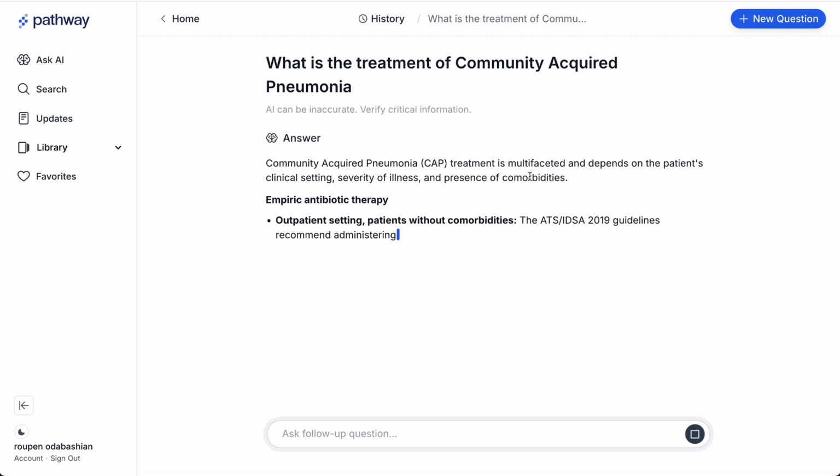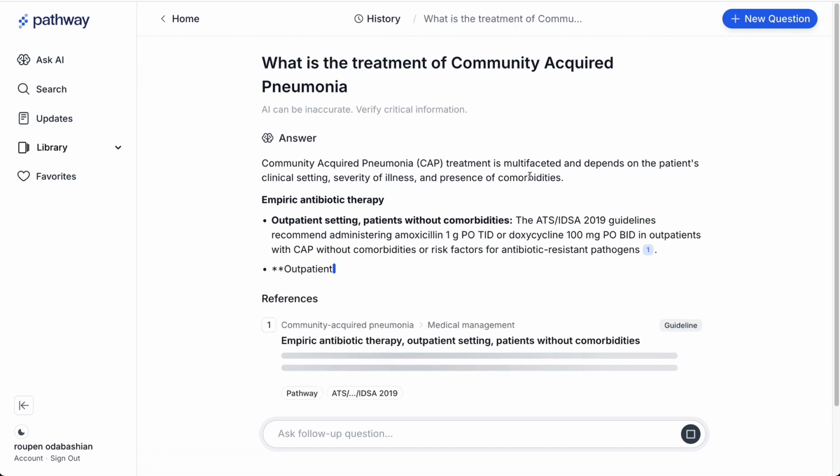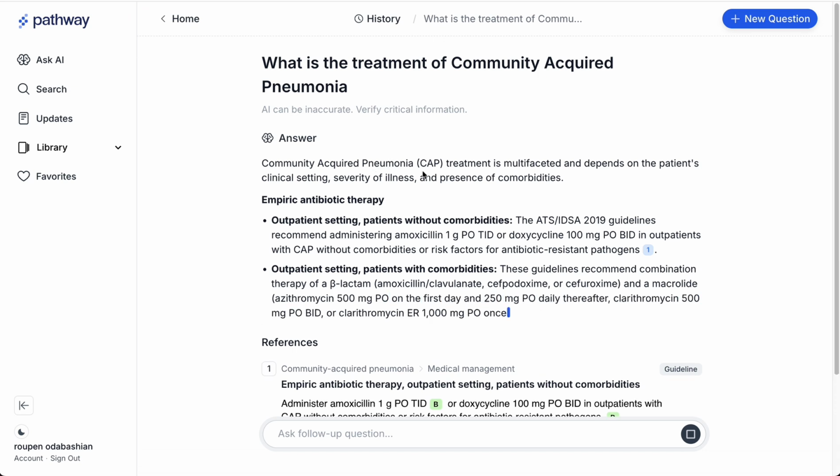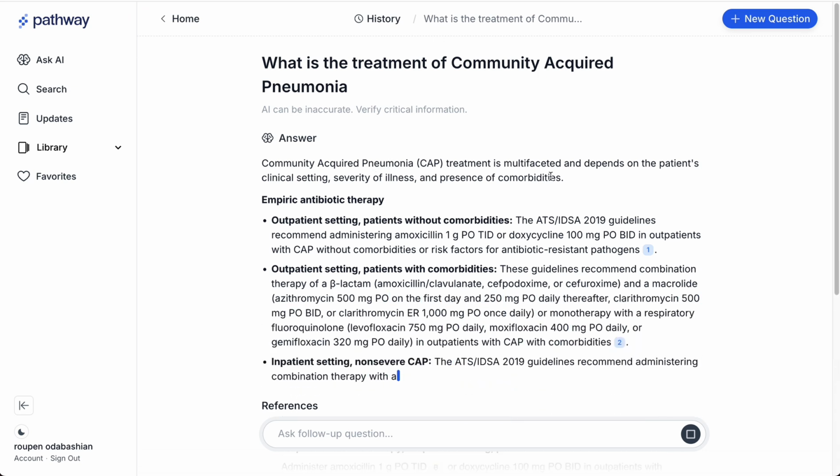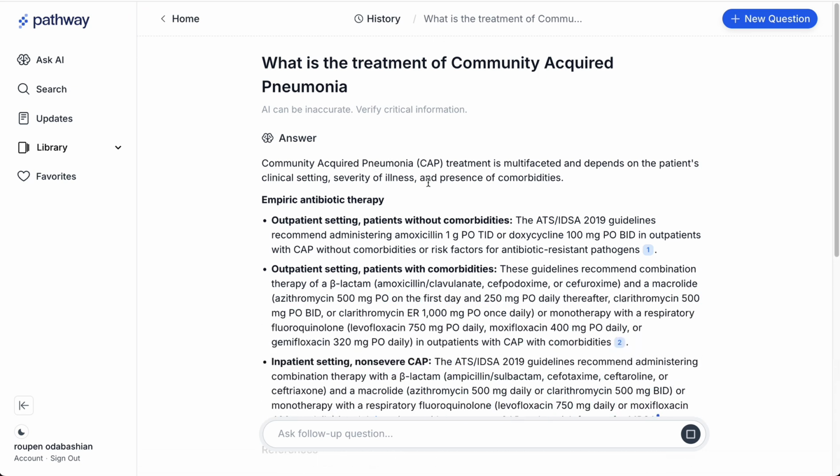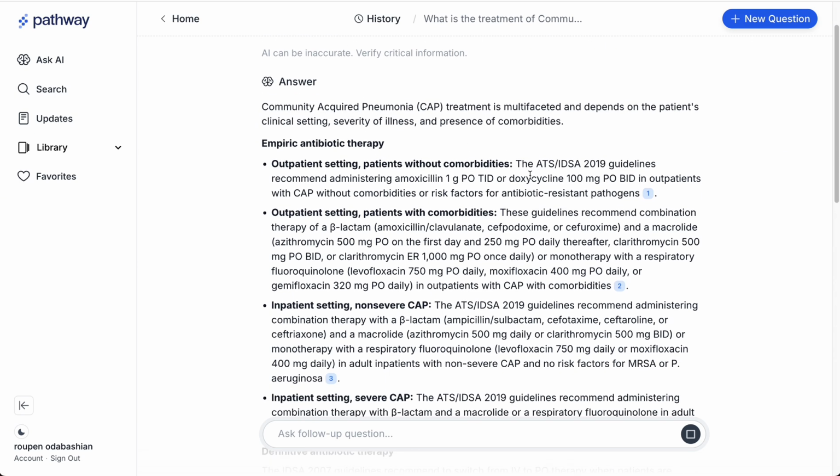There is a bit of lag there. So here it says the treatment of community-acquired pneumonia is multi-phased and depends on the patient's clinical setting, severity of illness, and presence of comorbidities. That's correct. If I have a patient who can walk and talk, it's different than a patient who is in the ICU intubated. And they go through this, and they give different types of treatments.